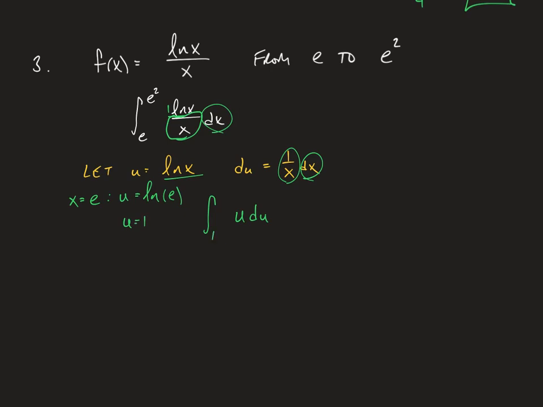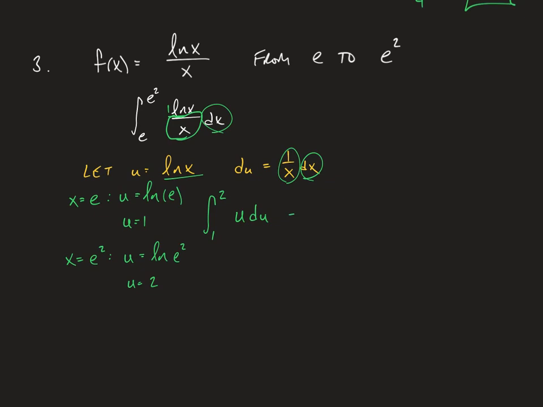So that's my lower bound. And if x is equal to e squared, u is equal to ln of e squared. What power of e would equal e squared? 2.